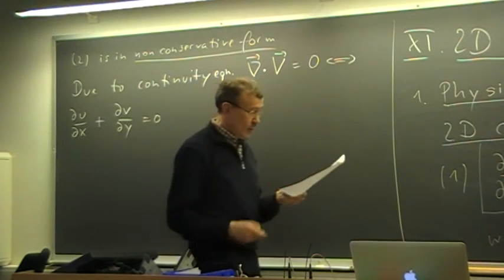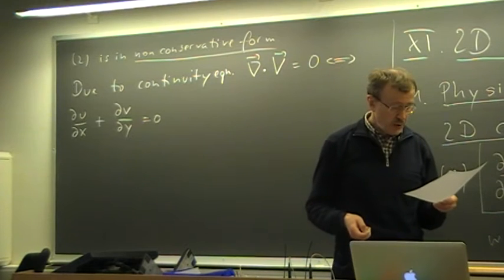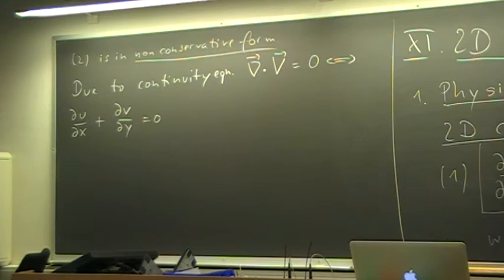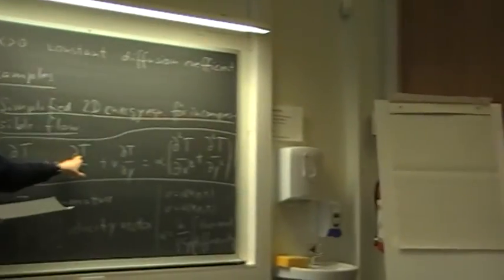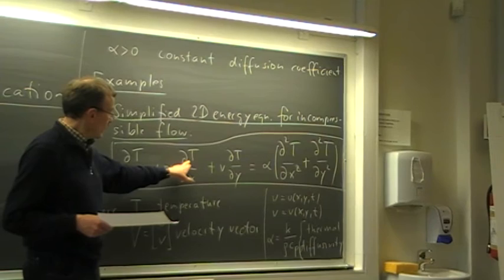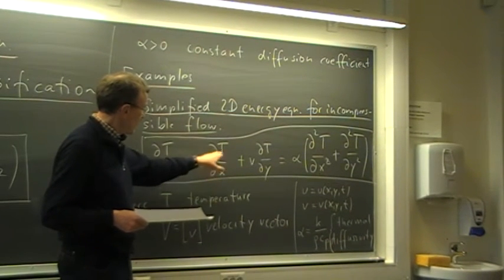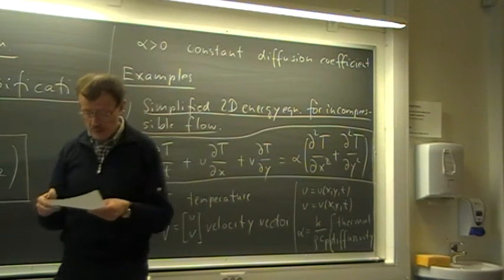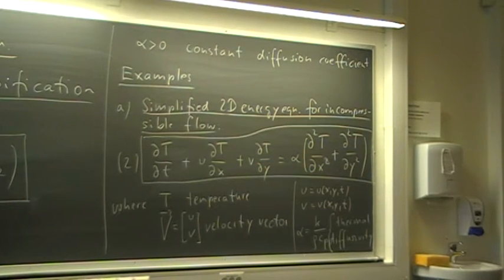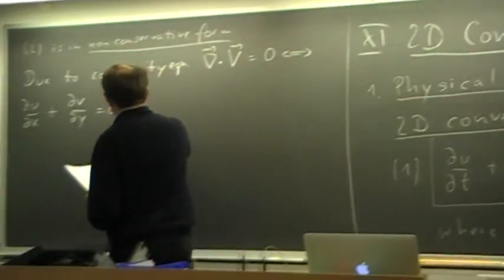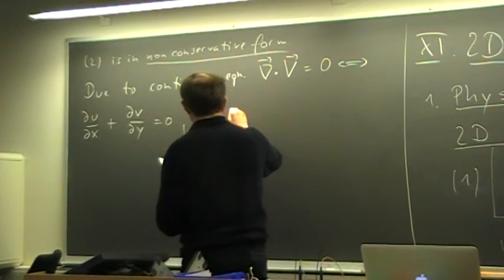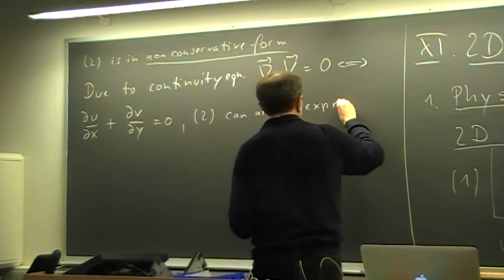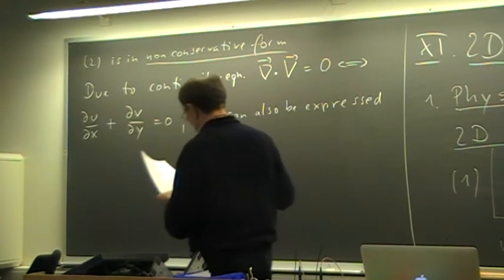So that is the continuity equation in Cartesian coordinates, and if we use that here, then we can write the u inside the derivative. So then we have d dx of uT and d dy of vT using this. So then equation 2 can also be expressed in conservative form.